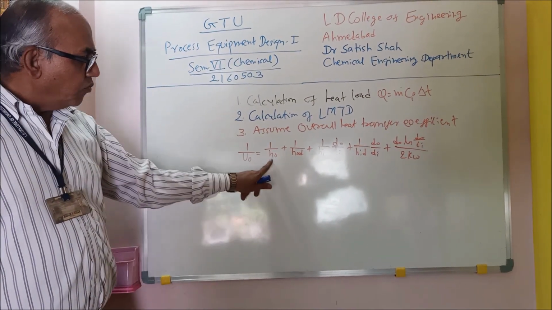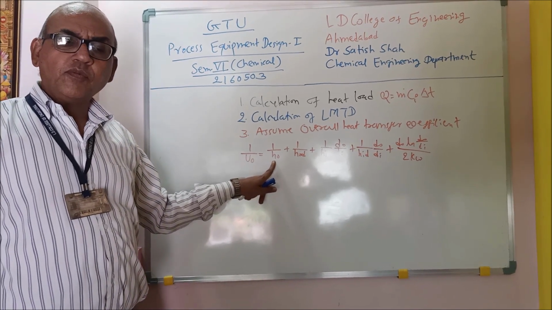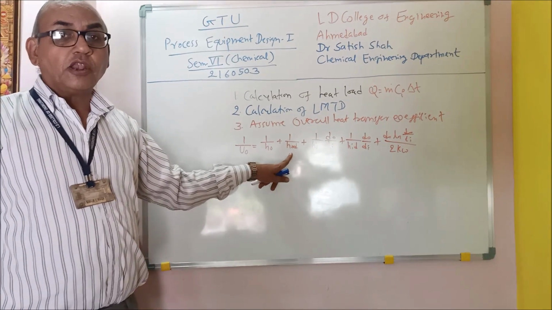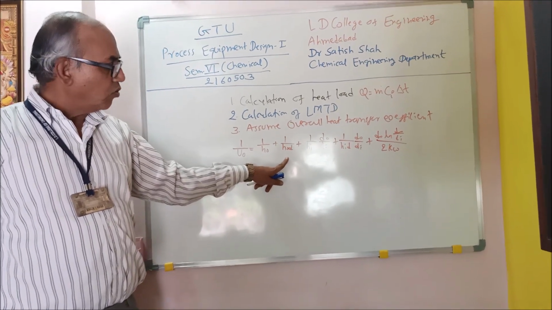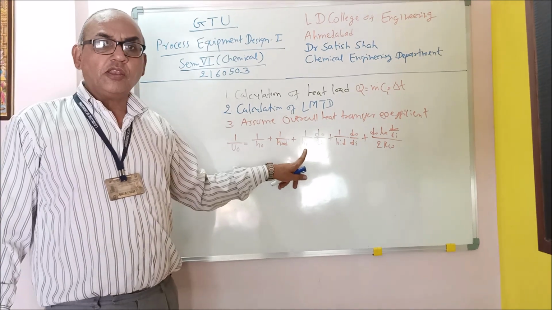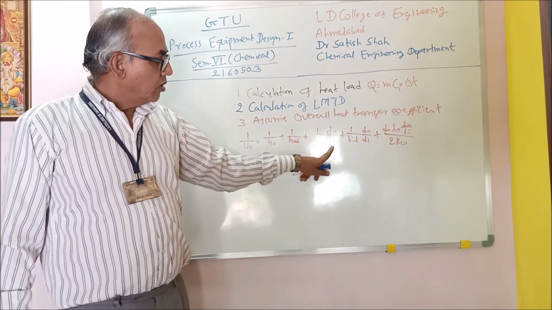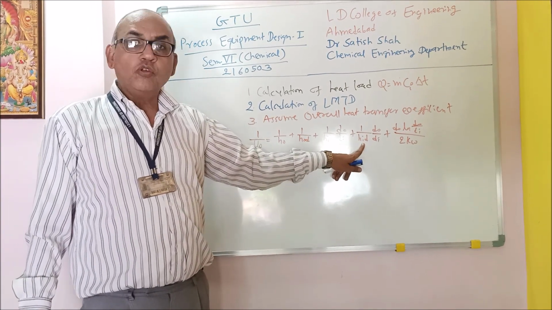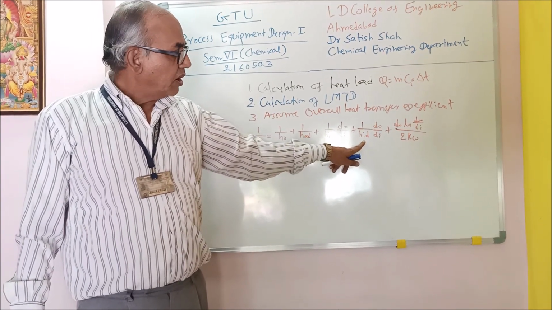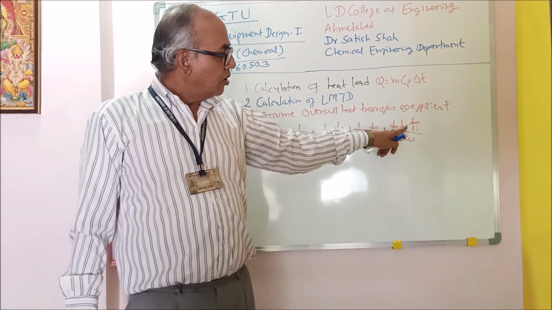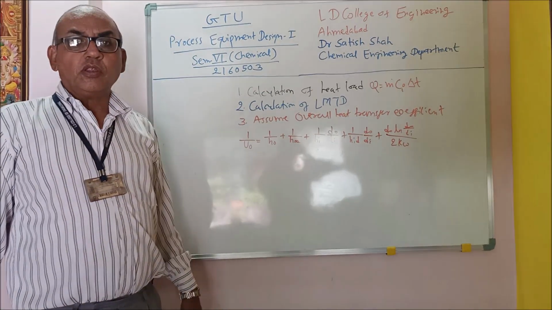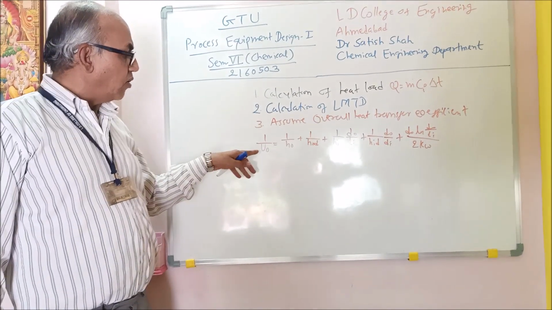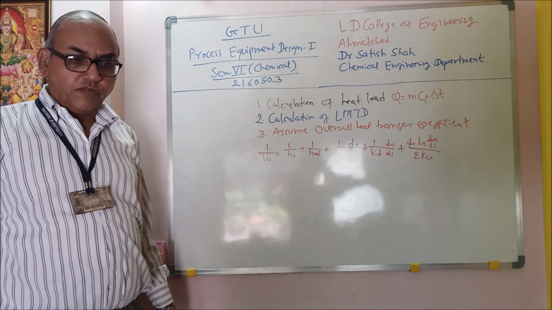HO, that is the outside heat transfer coefficient, or we say the shell side heat transfer coefficient. HOD is the dirt heat transfer coefficient for shell side or outside. HI is the tube side heat transfer coefficient, that is to be multiplied by DO upon DI. HID is the tube side dirt coefficient or inside dirt coefficient. KW is the thermal conductivity of the tube metal.